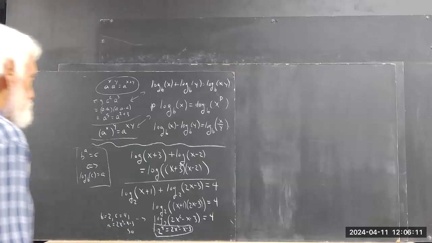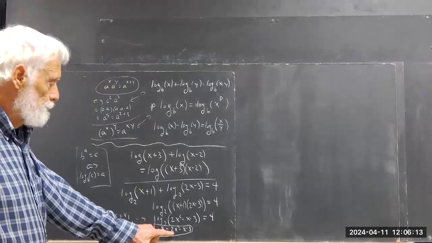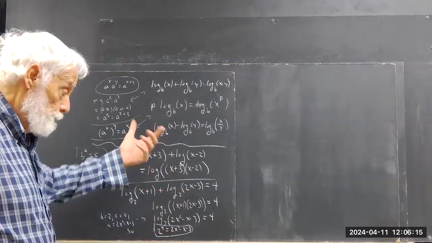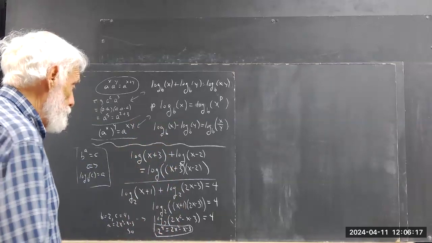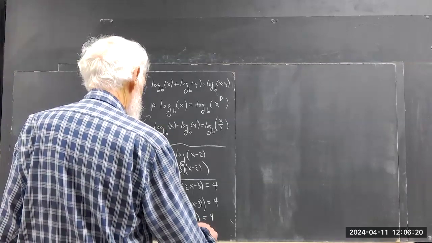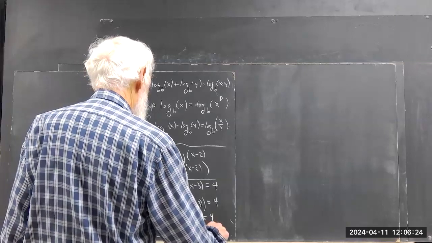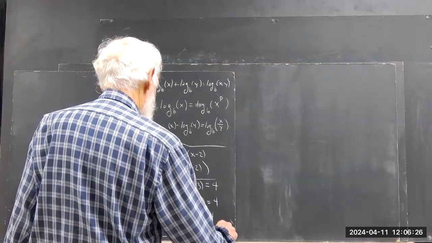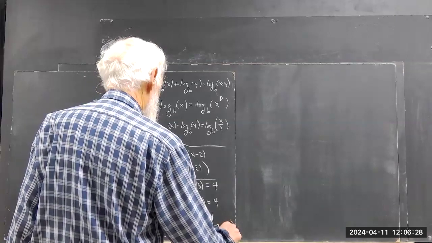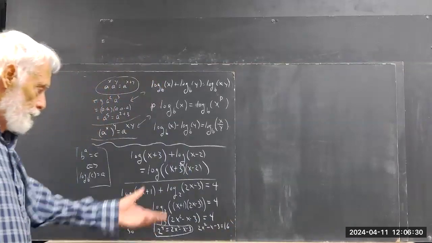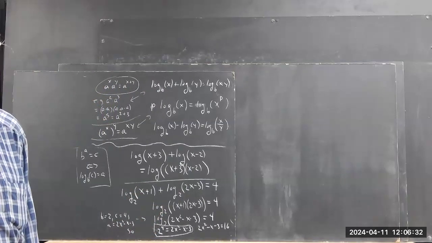Okay, so we identify this as a quadratic equation because you have the square on the x and everything. Two to the 4th is 16. A perfectly good quadratic equation.